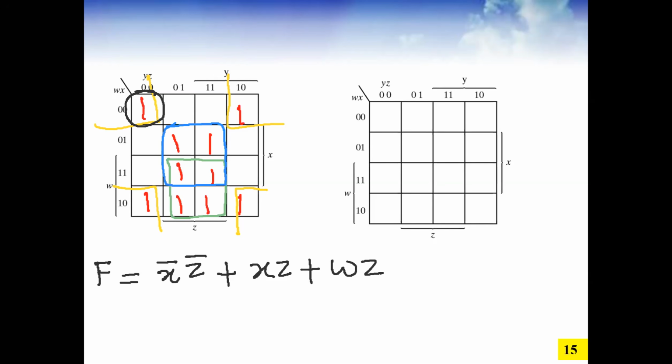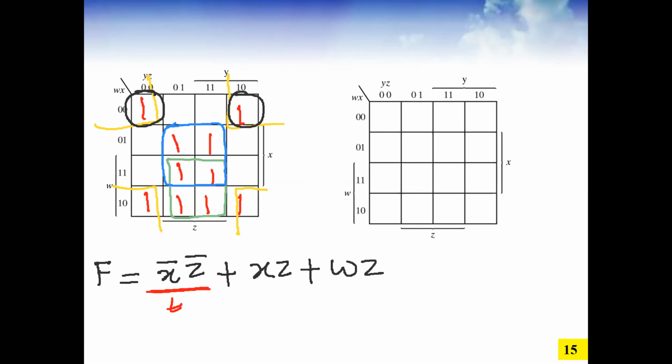Let's say the first entry of that column and the last entry of that column, and you say teacher, we can combine it as a 2. No. Always we have to check the larger possible group I made already. So this one does not have any other way, and even for the next one, the column's first entry cannot either. So it means the first one is an essential prime implicant, EPI. Correct, girls?